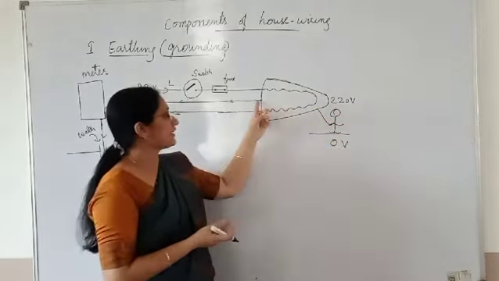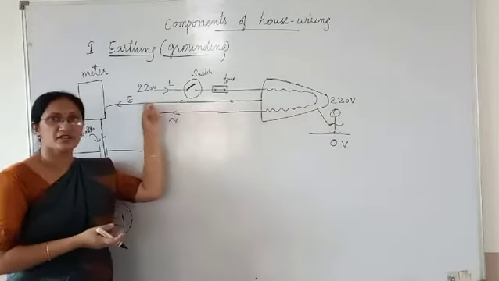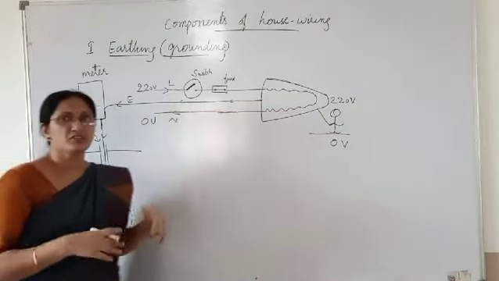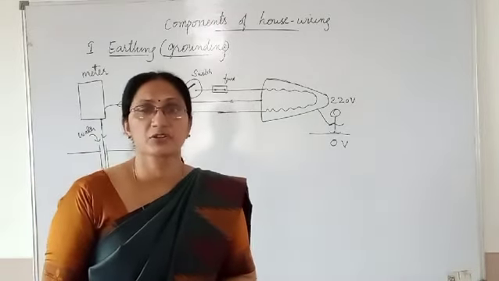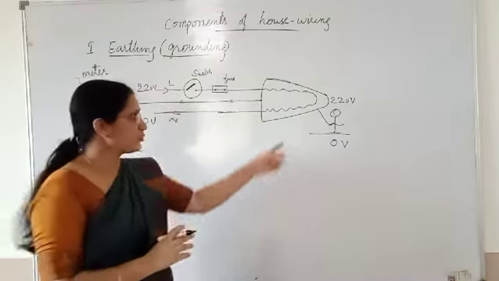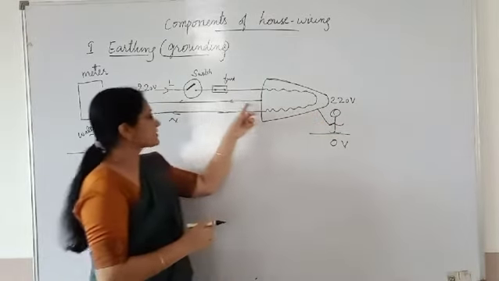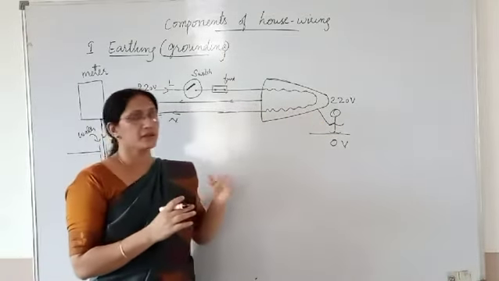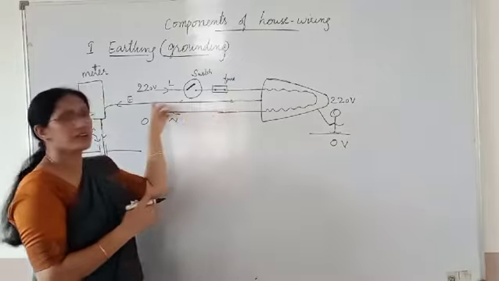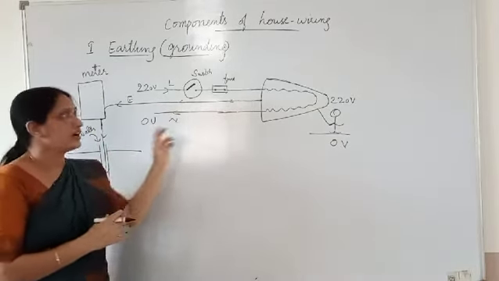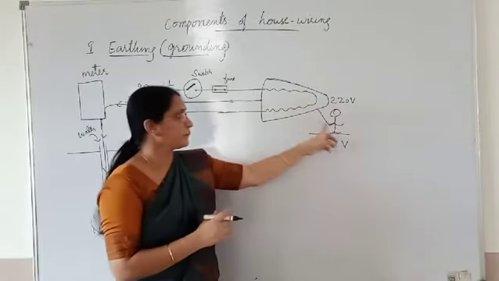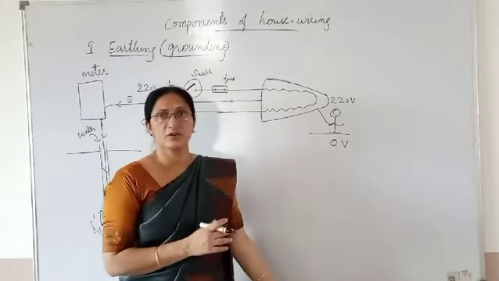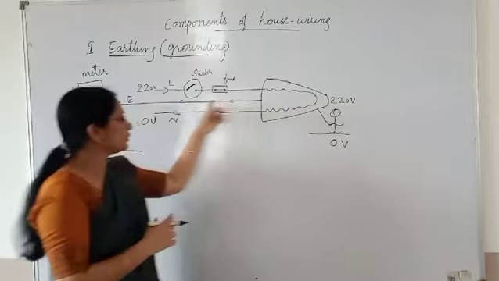Another option is current can flow through this earthing connection to earth. You know which path current will prefer. Current always prefers a path of low resistance. If you compare human body resistance and this earth wire resistance, the resistance of this path is very low. So current will flow through this wire to earth, instead of going through the body of the user.